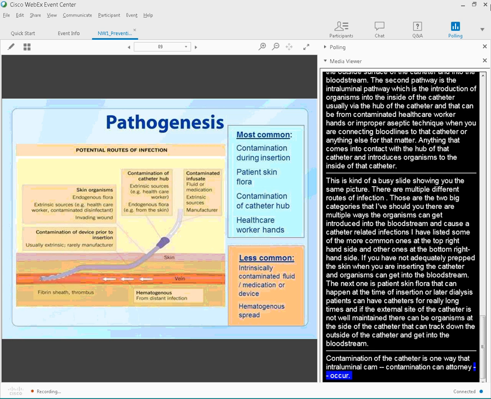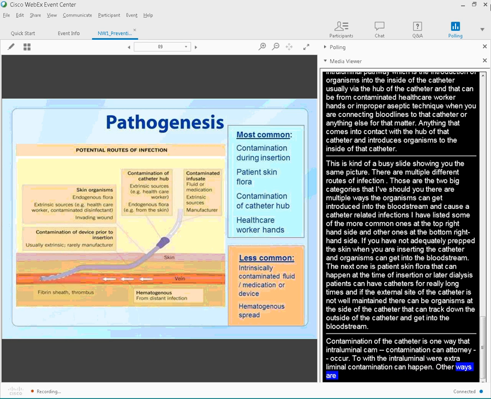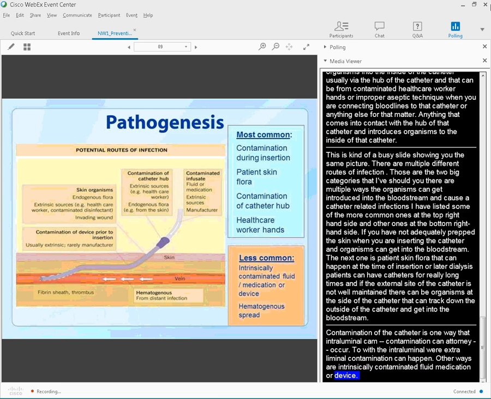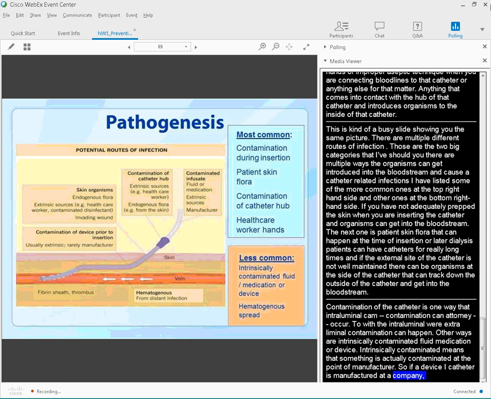Some less common ways of introducing infection into the bloodstream are intrinsically contaminated fluid, medication, or device. Intrinsically contaminated means that something's actually contaminated at the point of manufacture. So when a device like a catheter is manufactured at the plant, or when a fluid or medication is manufactured at the plant and packaged, that can happen, but it happens very infrequently.